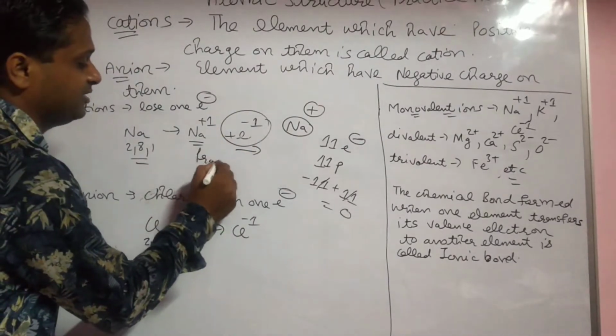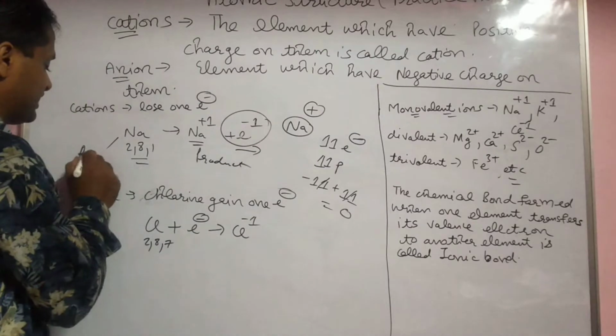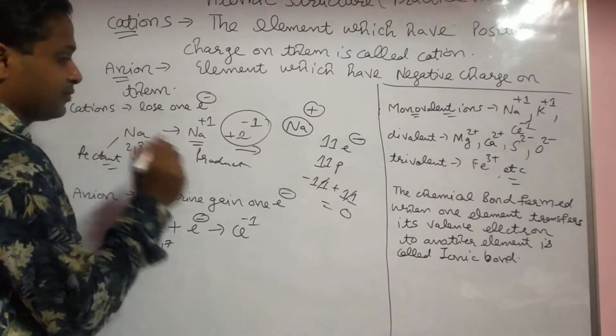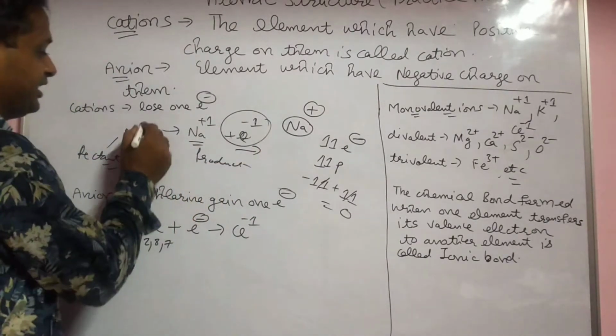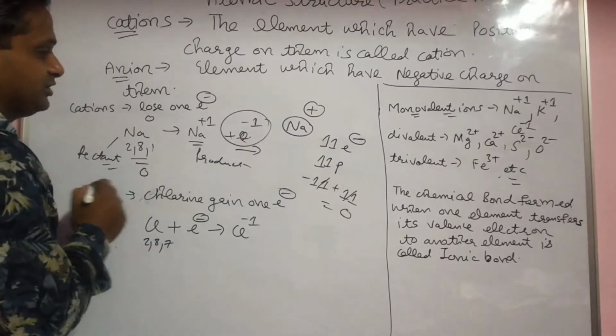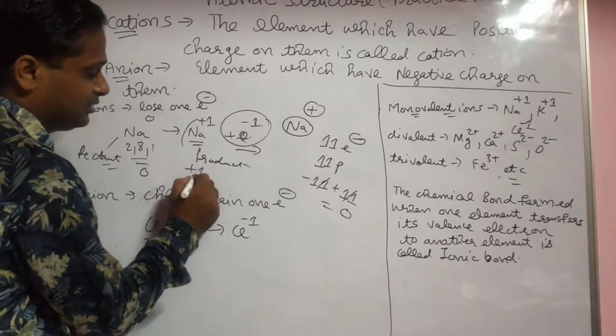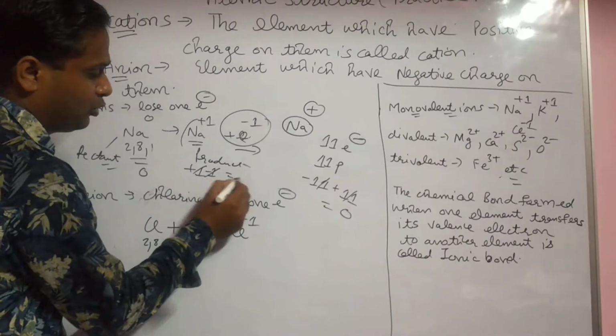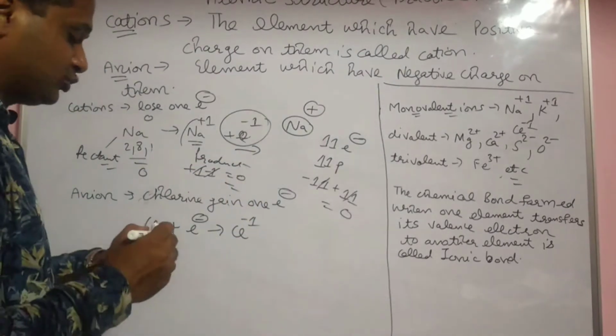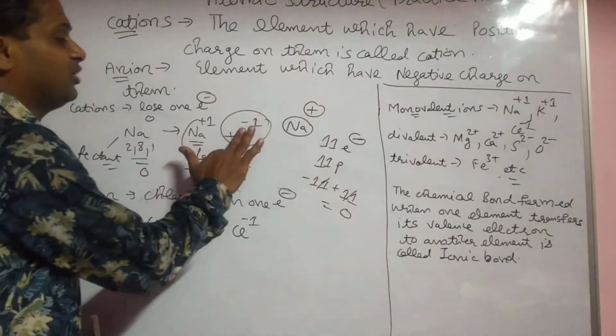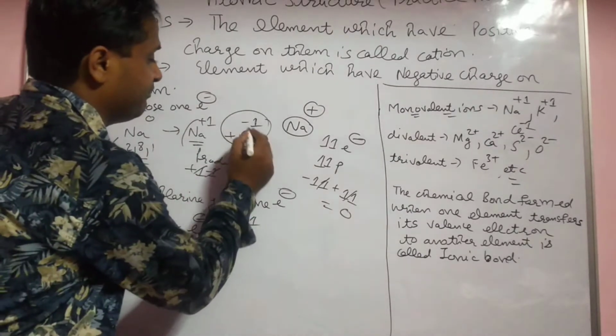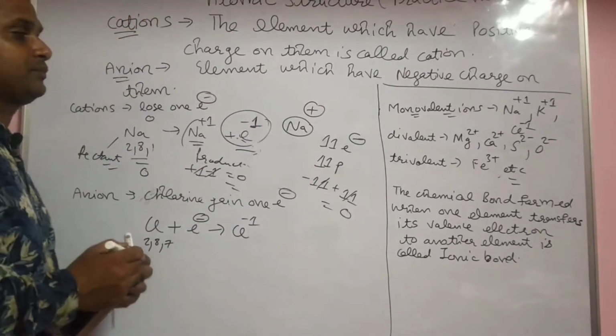This is the product side and this is the reactant side. See, here the charge is 0. So conservation of charge is also there, +1, -1, overall 0, both sides charge is 0. That's why, if you lose an electron, you write it on this side only, with the symbol e-1, negative.